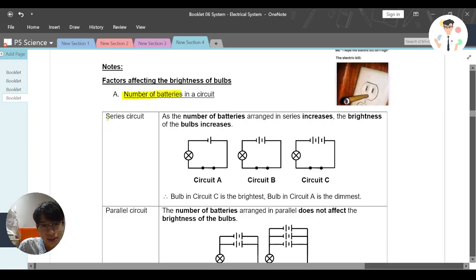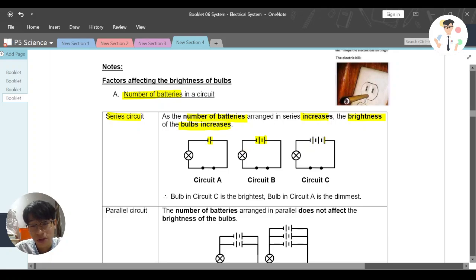So let's focus on the number of batteries first. In a series circuit, as the number of batteries increases, the brightness of the bulbs will also increase. When I have one battery, the bulb will be bright. When I have two batteries, it will be brighter.